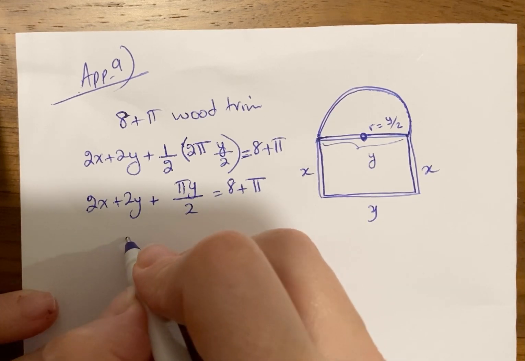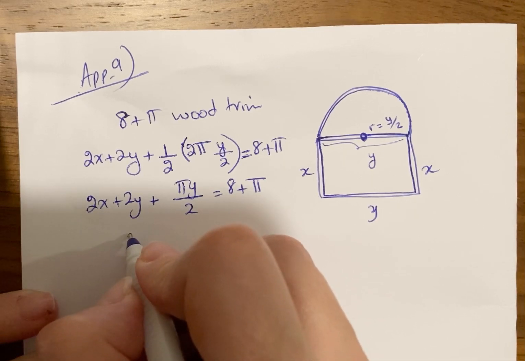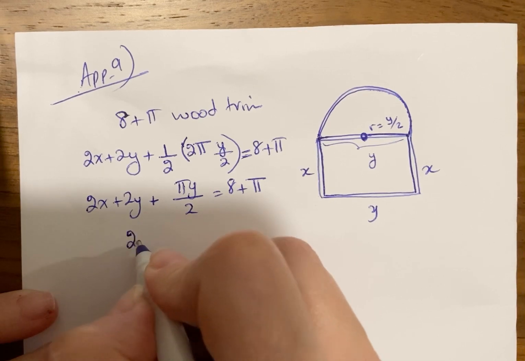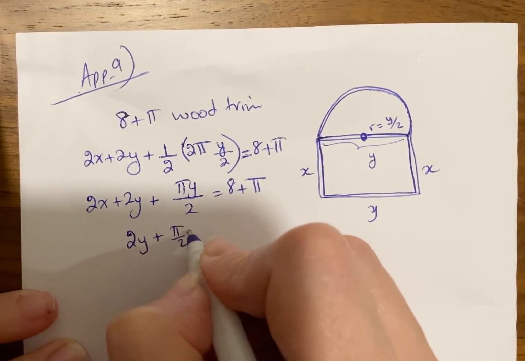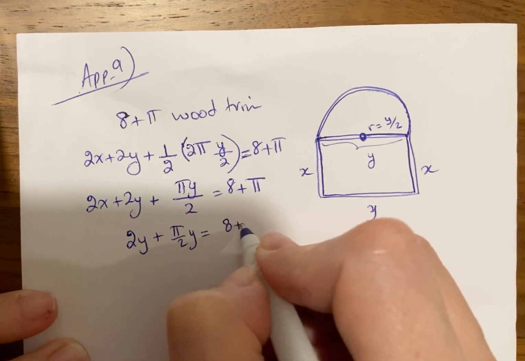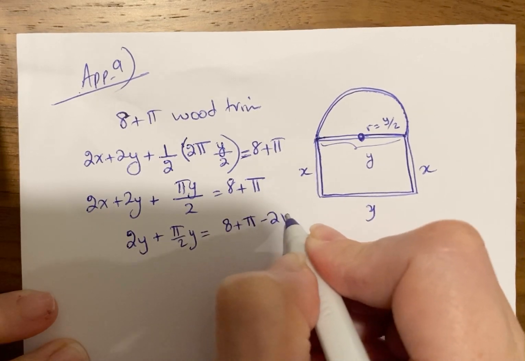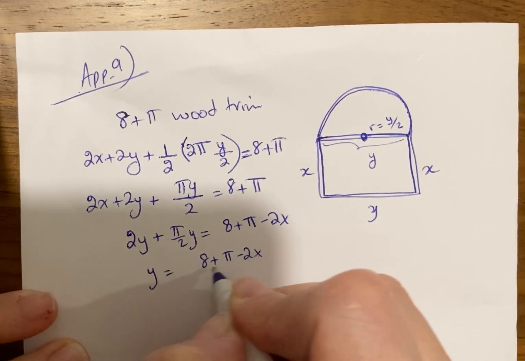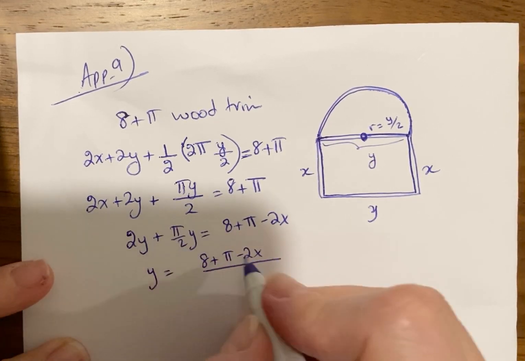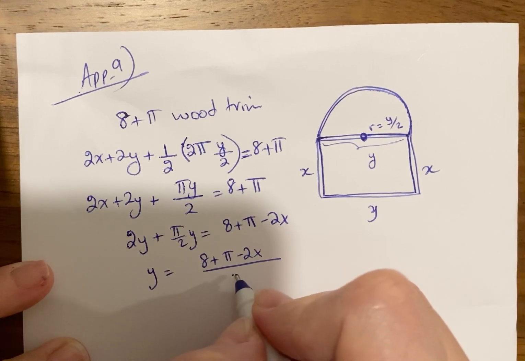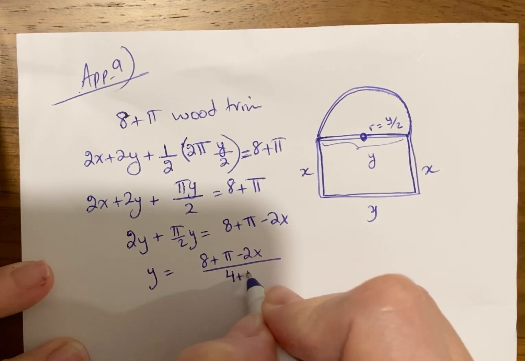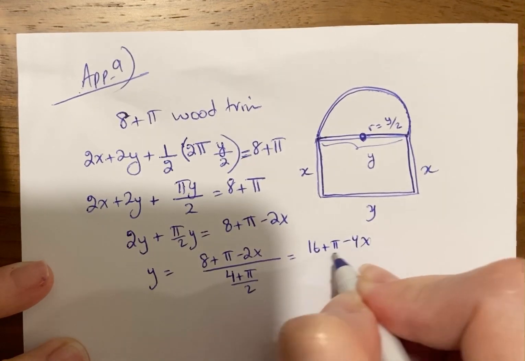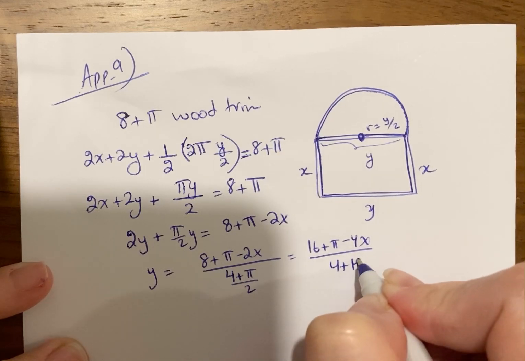So, in other words, if I want to write y in terms of x, it will be 2y plus pi over 2 y is equal to 8 plus pi minus 2x. y equals 8 plus pi minus 2x over 2 plus pi over 2, or 4 plus pi over 2, which is written as 16 plus 2 pi minus 4x over 4 plus pi.